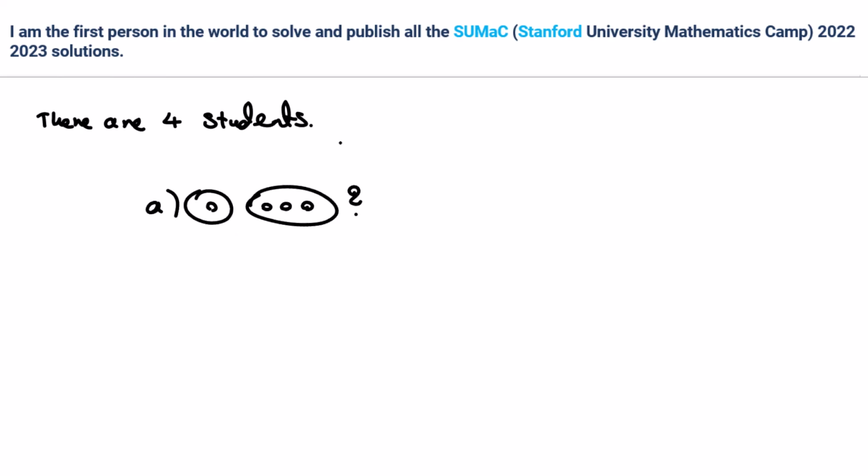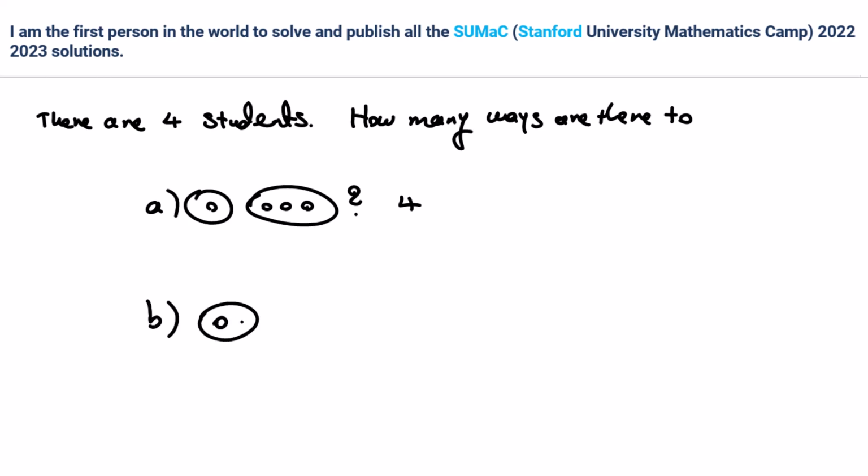How many ways are there? 4, exactly. What about this case? 2 groups, each has 2 members. For these two groups, how many ways are there?